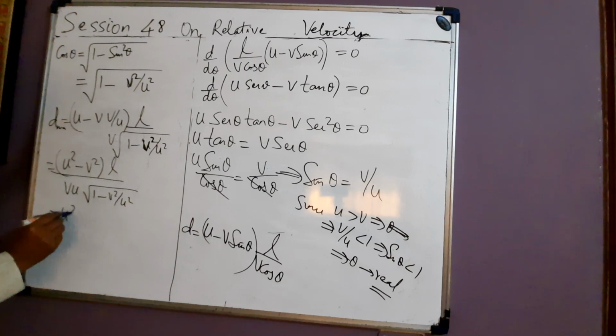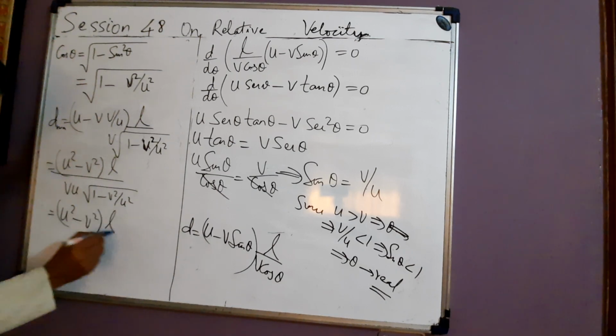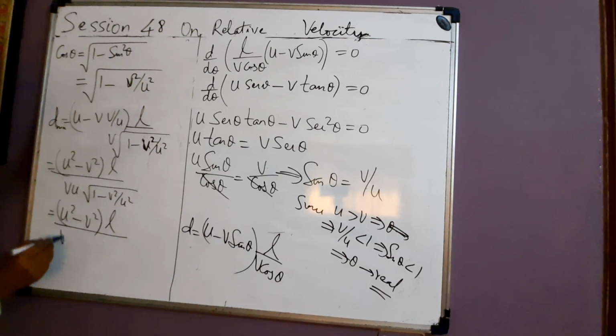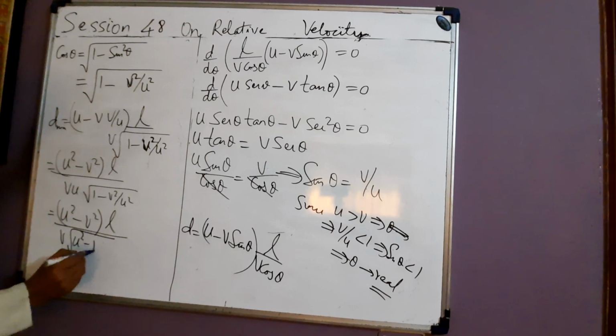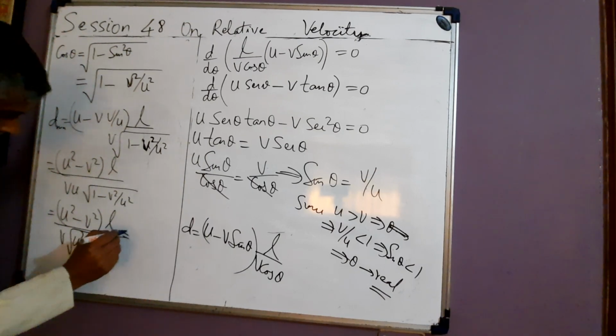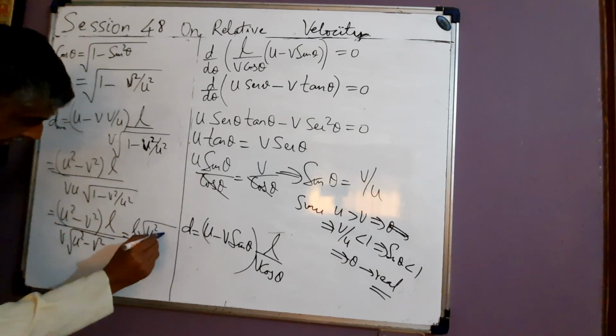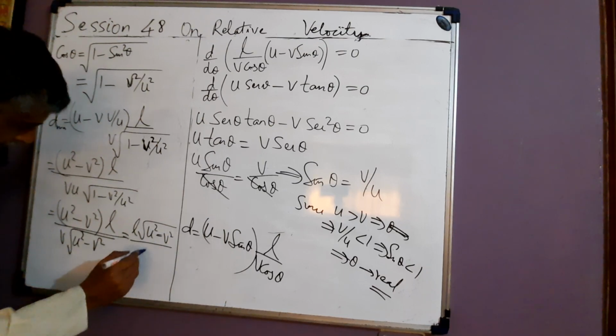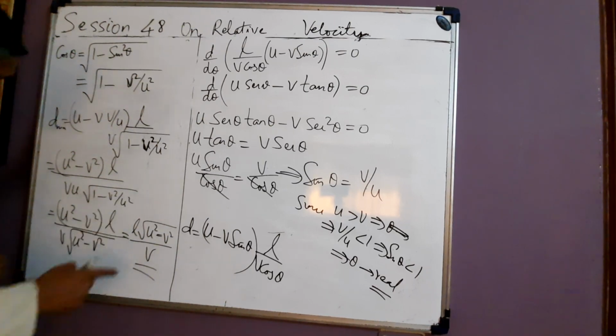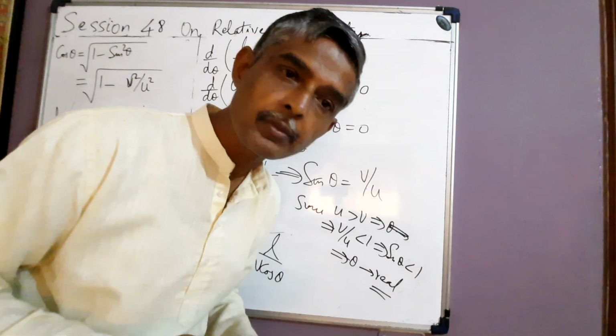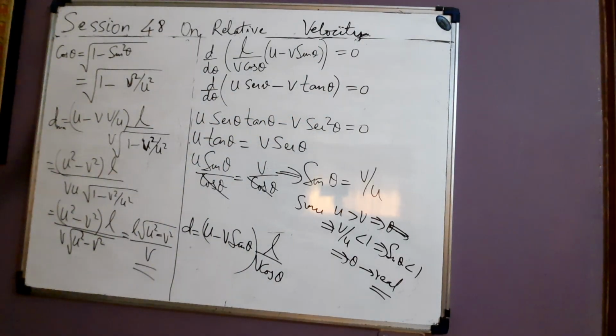So this becomes (u square minus v square) into L by v times root under u square minus v square. This cancels out. L root under u square minus v square upon v. This is the expression for d minimum when the river is fast with respect to the swimmer. Okay, so I write down the final answer here.